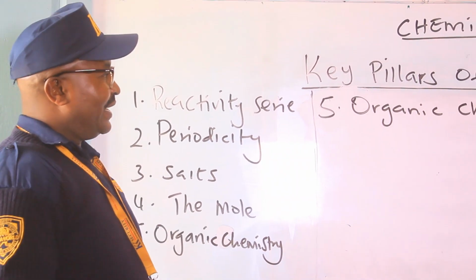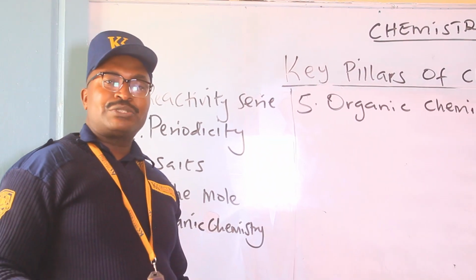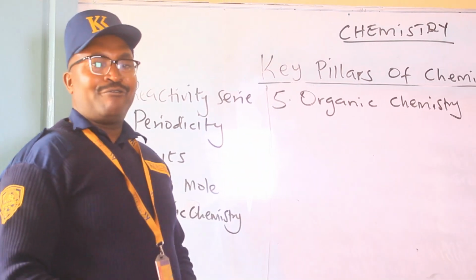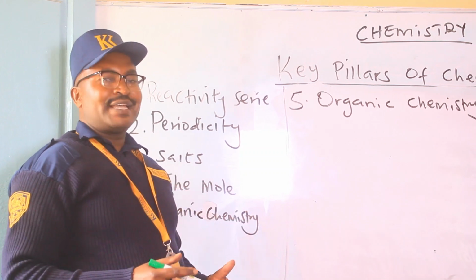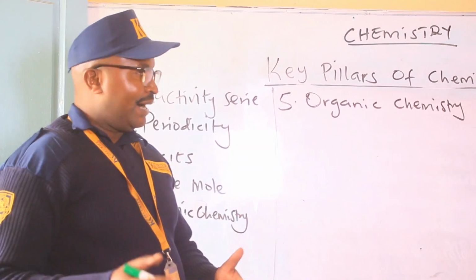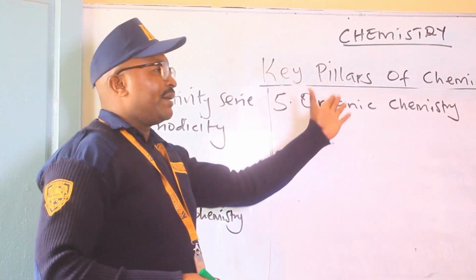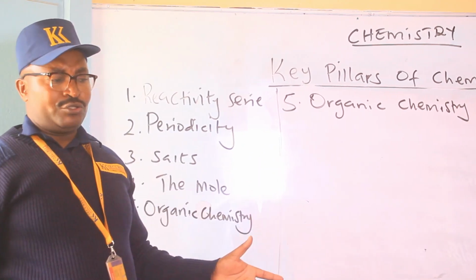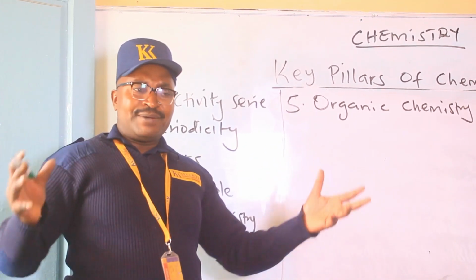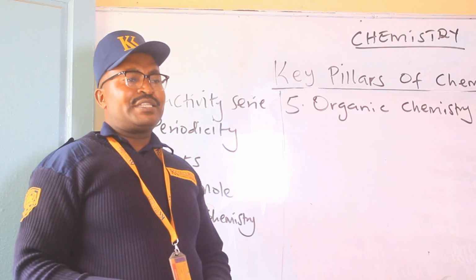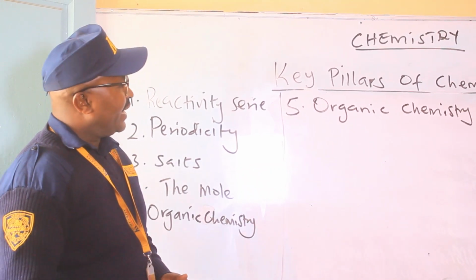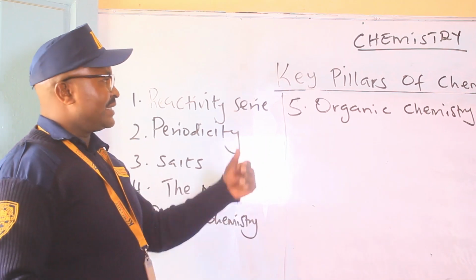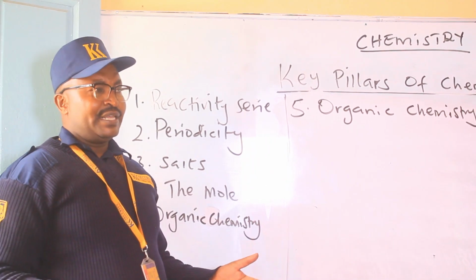Here I'm talking about the study of carbon compounds, excluding the oxides of carbon and the carbonates. We're talking about organic chemistry 1 and organic chemistry 2. When you get the concept from your teacher, when you are taught by your teacher, you don't need to get worried about this area of organic chemistry.